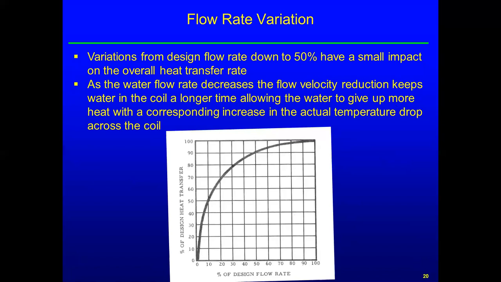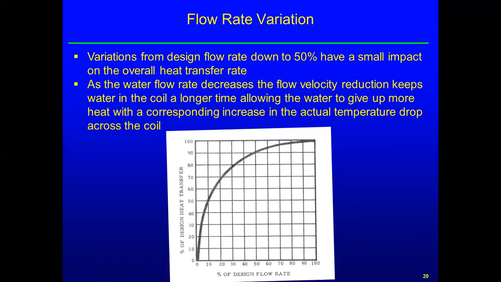So let's say we had 180-degree water in at design, 20-degree delta T would be 160 out at full coil flow rate, but at half coil flow rate, we may be 140 out, or 142 or 145 or something like that.